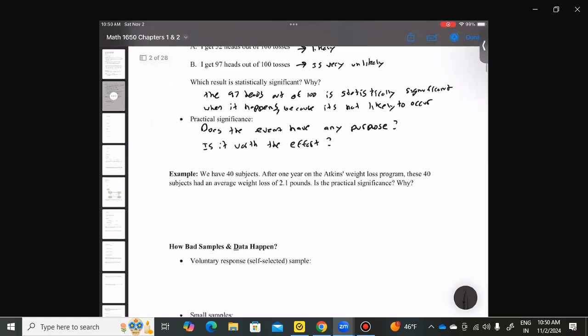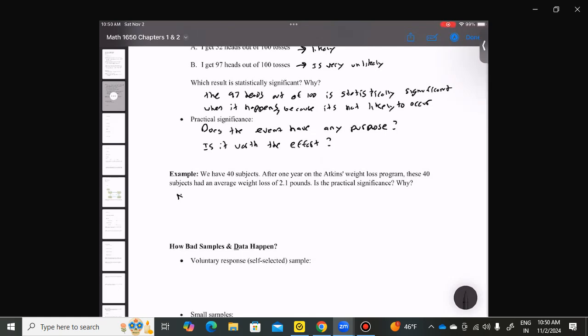Right, so let's say we have 40 subjects for 1 year. And after 1 year on the Atkins weight loss program, these 40 subjects had an average weight loss of 2.1 pounds. Is this practical? And why? Okay.